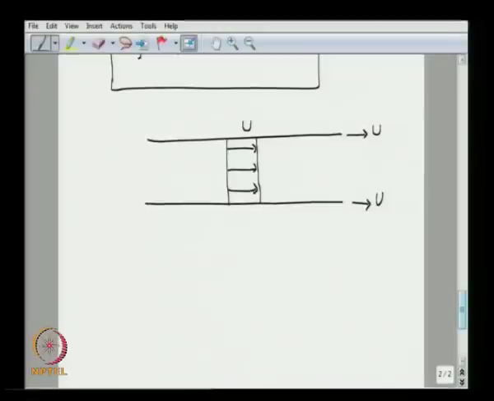So, the Reynolds number is normally rho u L over eta, right. So, that is how Reynolds number is defined, it is inertia to viscous.